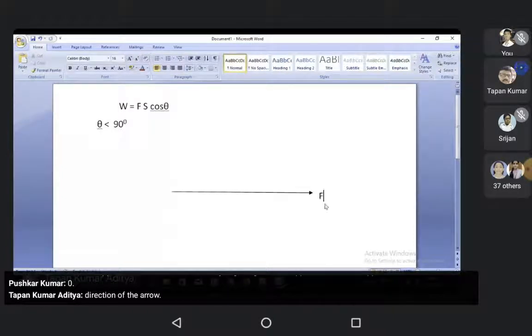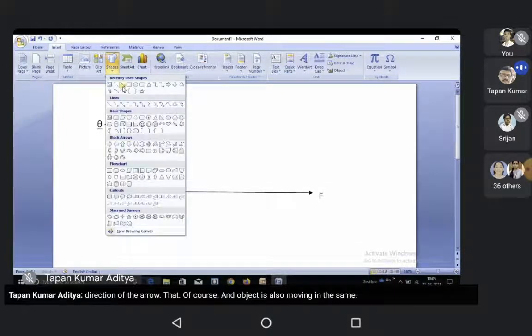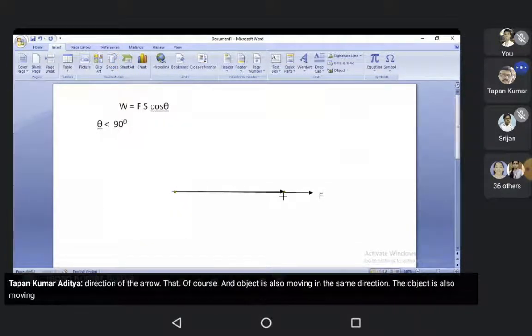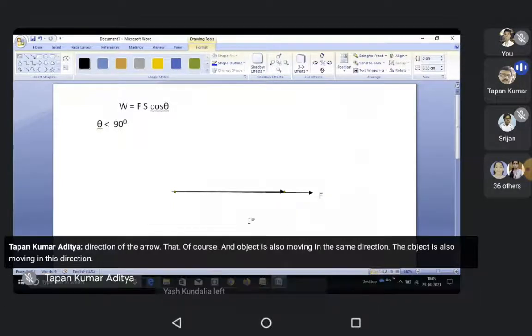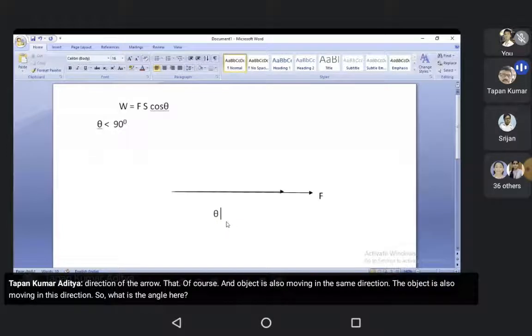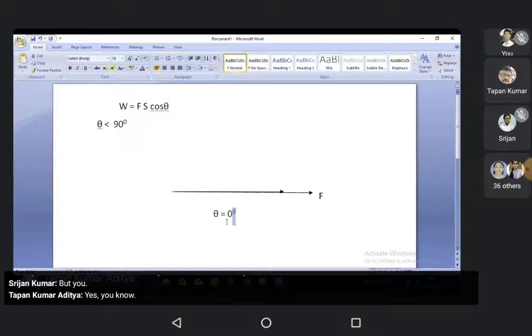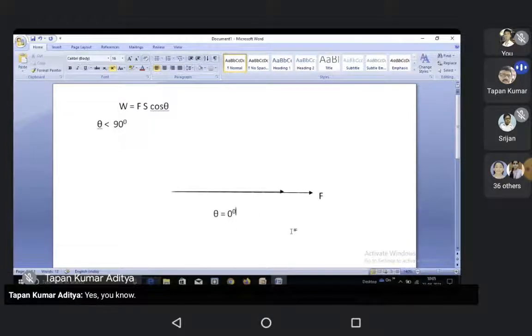The object is also moving in the same direction. So what is the angle here? In this case, angle is 0 degree. 0 is less than 90 degrees. So in this case, work is positive.